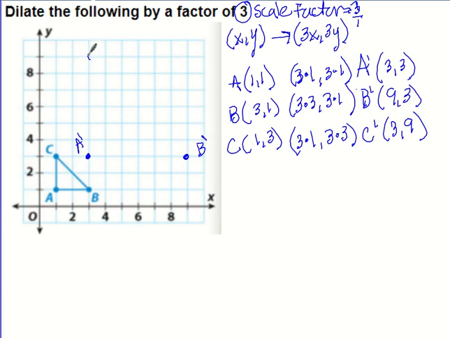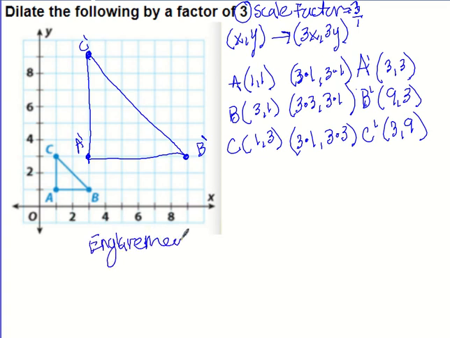There we go. And now we can see that this was actually enlarged. It's really bad, E and an N, but enlargement.